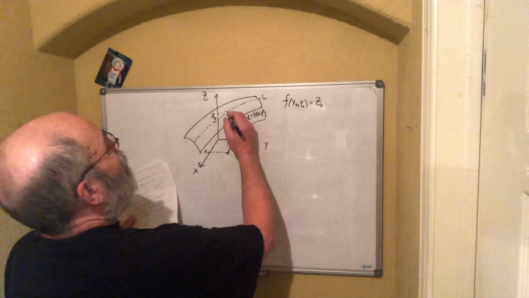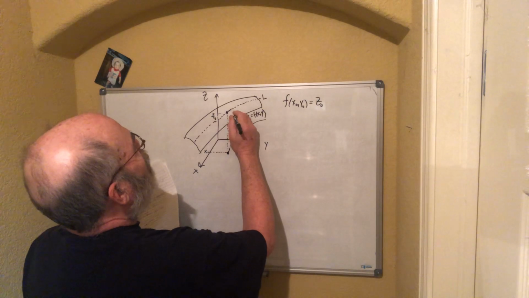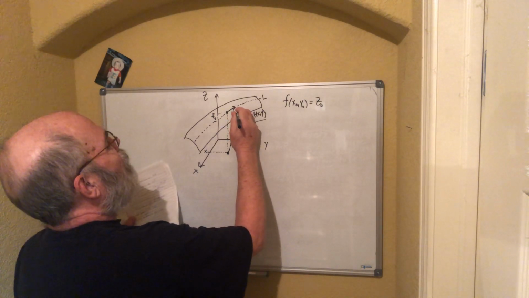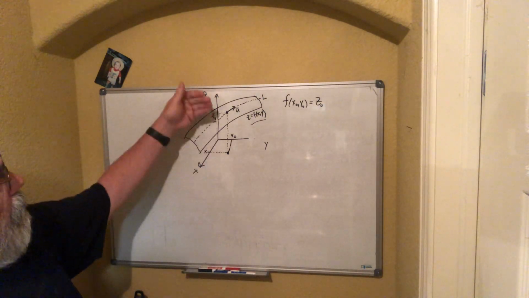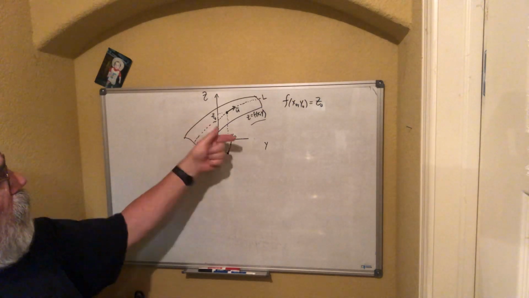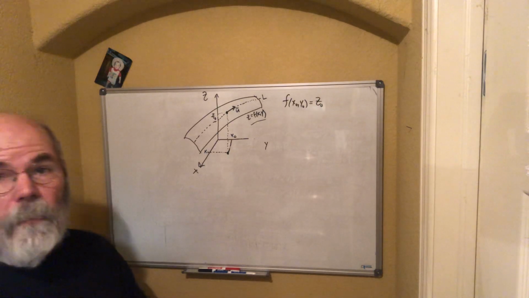But anyway, in this plane, there will be, say, a tangent vector in that plane, which will happen to be parallel to the y-axis, say above this curve that's up there.